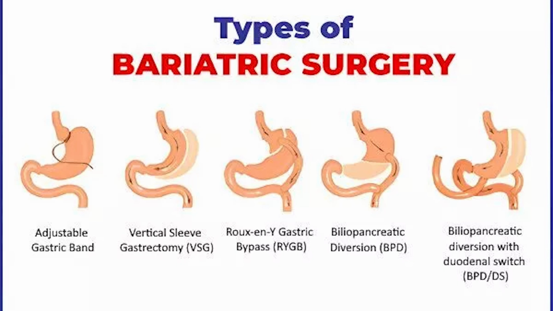So let's talk about another one. Vertical sleeve gastrectomy. Let's break the words down because I'm overwhelmed too. Vertical means up and down. Sleeve, think thin-shaped. Think sleeves like shirt sleeve, long sleeve. Gastro, that's the beginning.